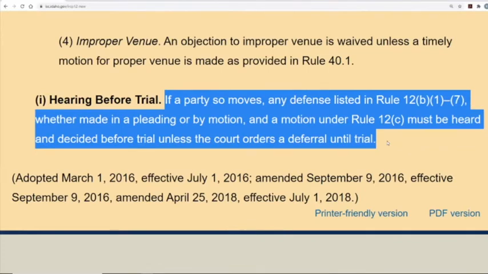Right? They have to file a motion, and when you're doing your motion, that shifts the burden of proof. They have to prove personal jurisdiction. They have to prove subject matter jurisdiction. And 9 times out of 9, they can't.